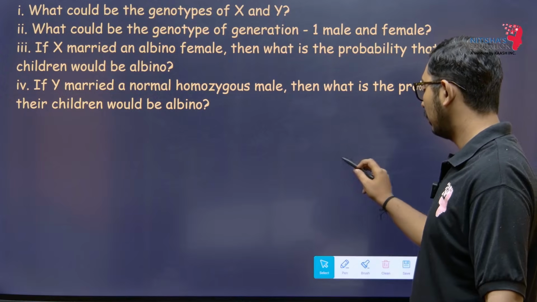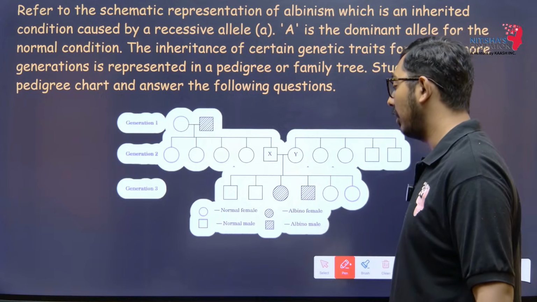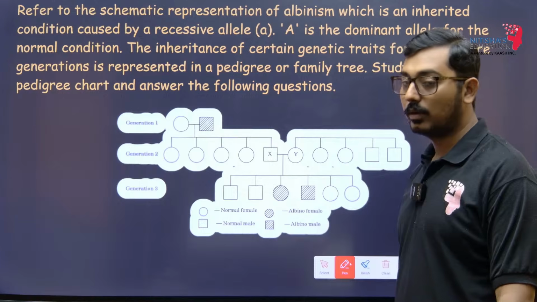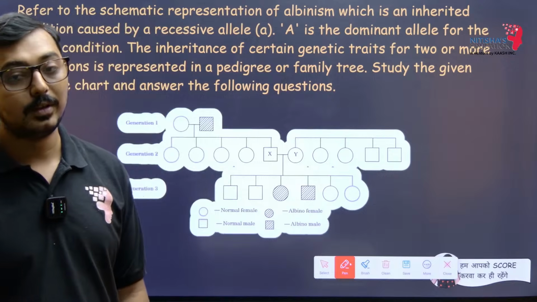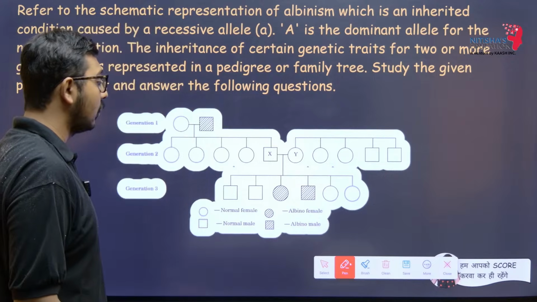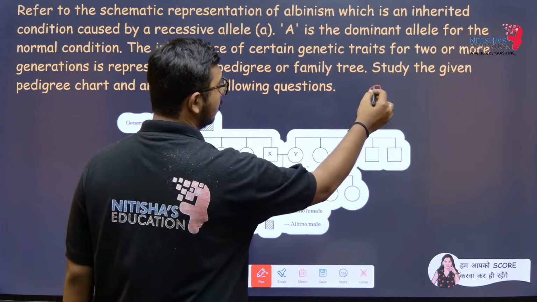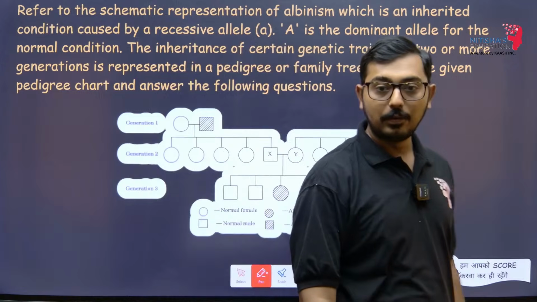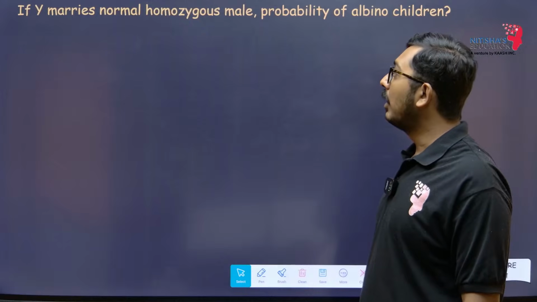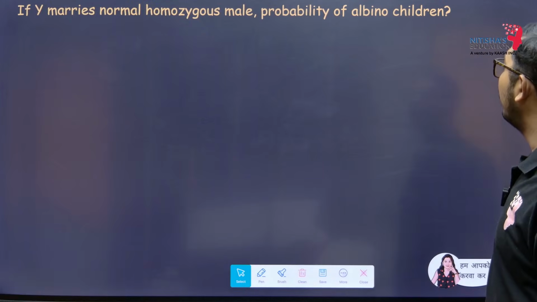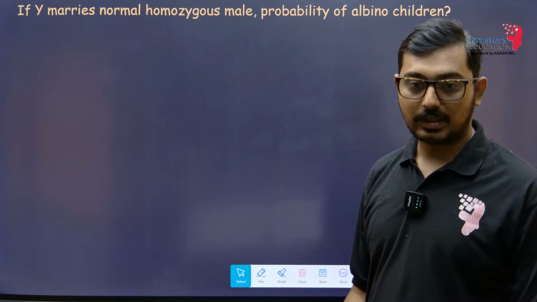If Y is the normal one and is related with the normal male, then there is no such trait of albino, because that is not the dominant trait. So over here you can say the probability would be 0. If Y marries a normal homozygote male, probability of albino male, there also it would be 0.